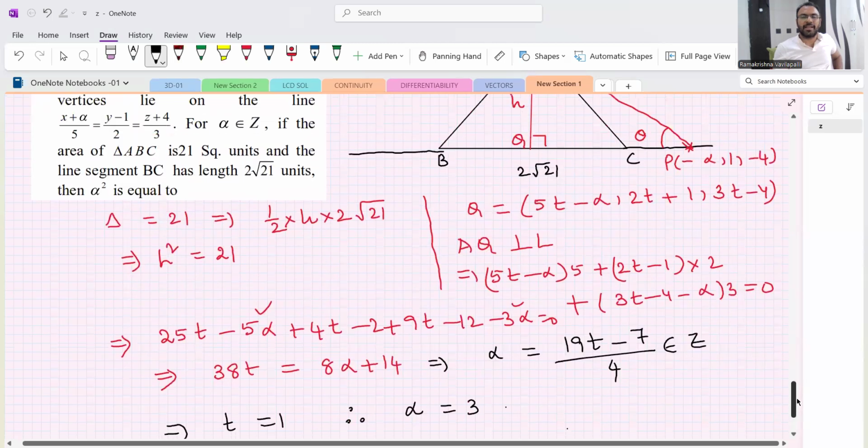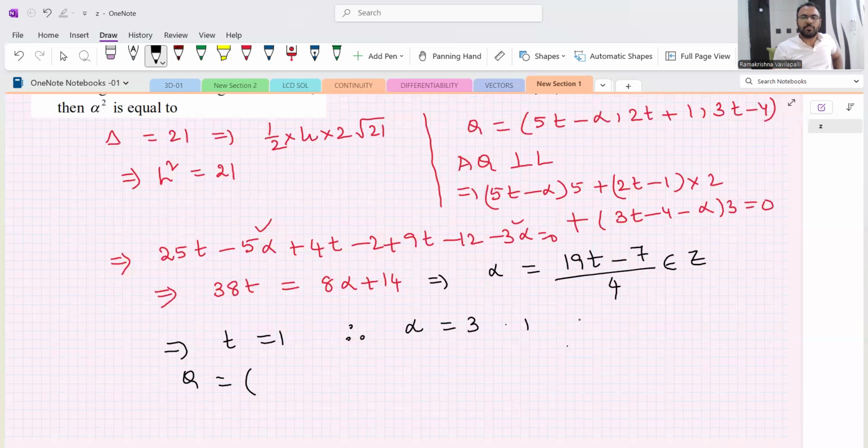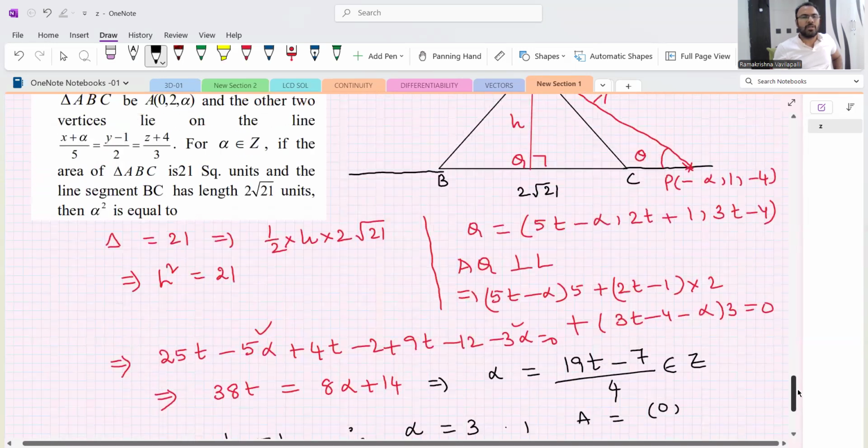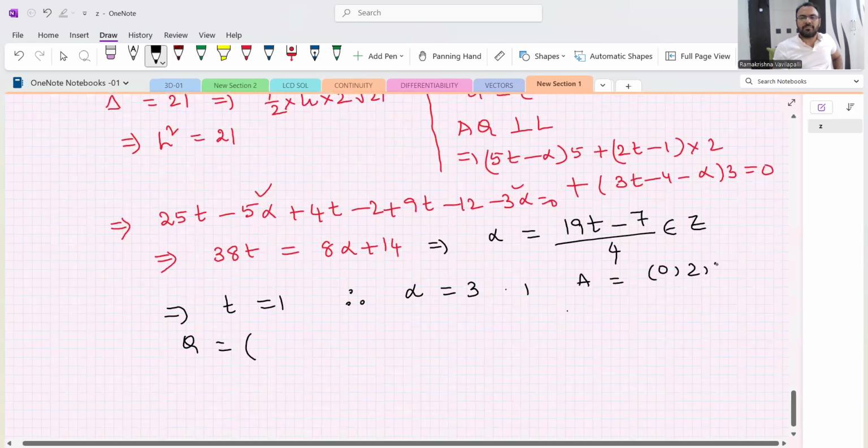So what is the point Q now? In that case, you will get point Q. Here the point A is (0, 2 alpha, 0), that is (0, 2, 3)... and what are the coordinates of Q?